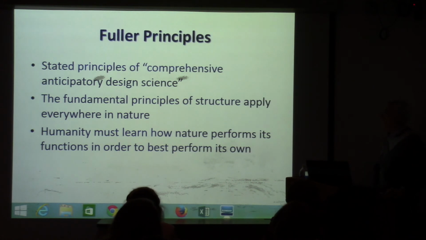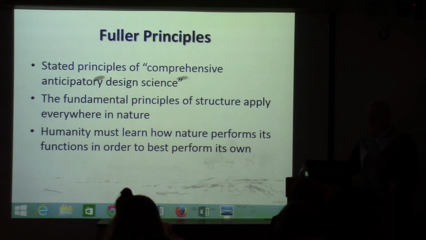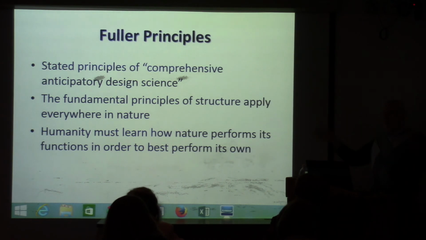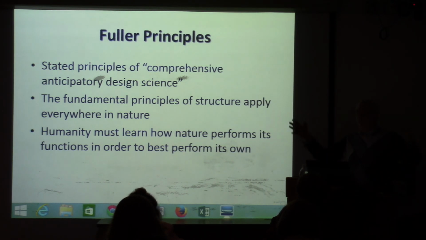But basically what he's saying here is that there are fundamental structural and energy principles that exist everywhere in the world. That nature has already figured out how to maximally use energy with the least waste, how to make structures that are as stable as possible with the least material. And if we study nature, then we can come up with those principles, which is basically what he was trying to do in all of his work. And the geodesic dome is the most space that you can cover with the least amount of material.